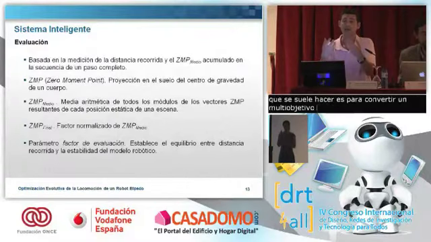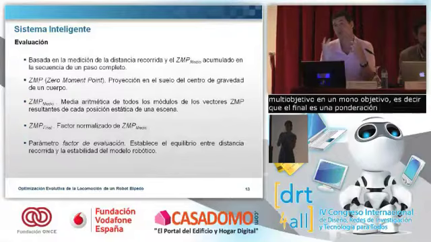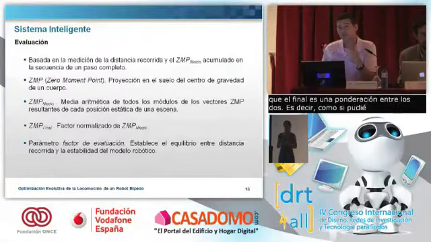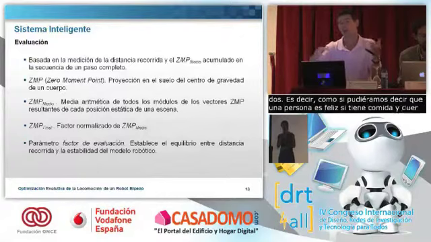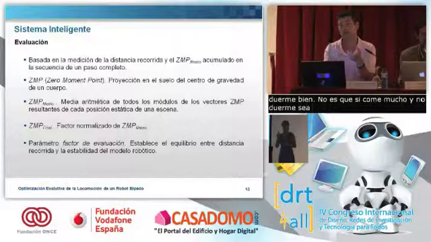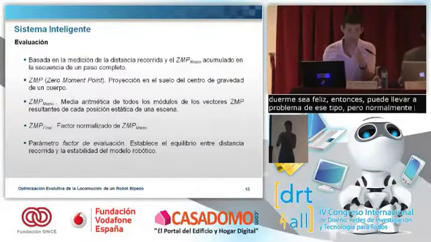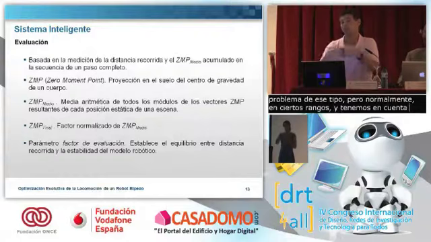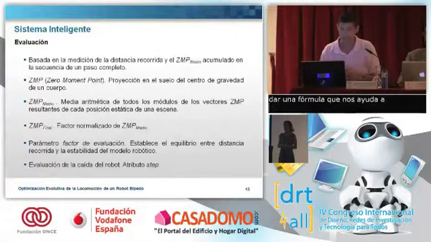In order to transform a multi-objective into a mono-objective, we do an average and a median. So it's like saying someone is happy if it eats well and sleeps plenty. It's not happy only if it eats well or only if it sleeps plenty.